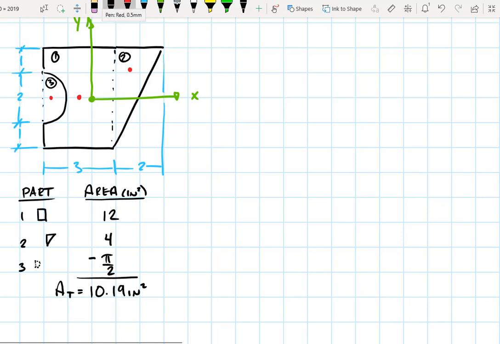All right, let's do x. Right off the bat, it gets weird because the x coordinate of part 1 is actually in the negative direction. So I need to specify exactly where this is. So this is 2 inches, and so is this.